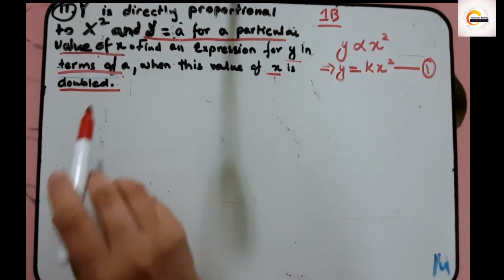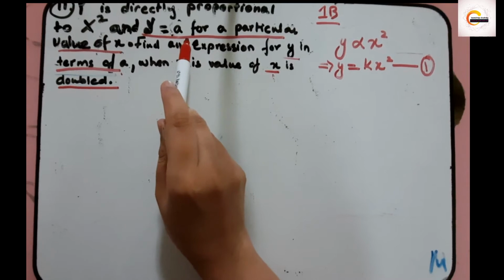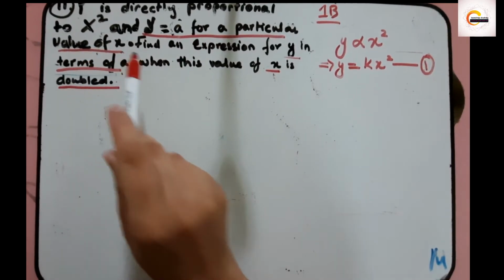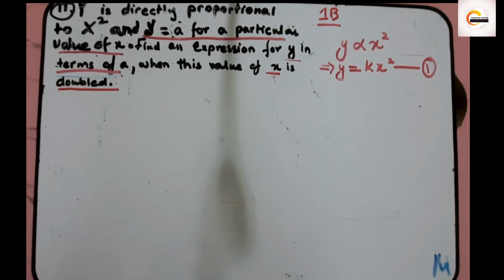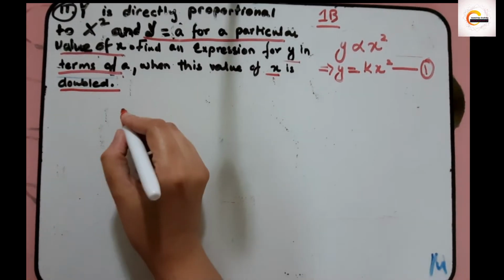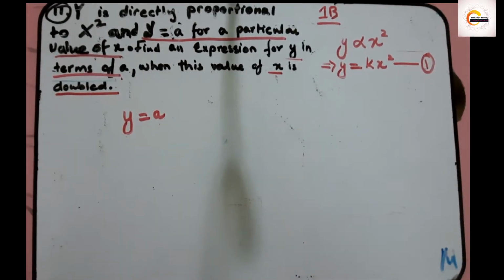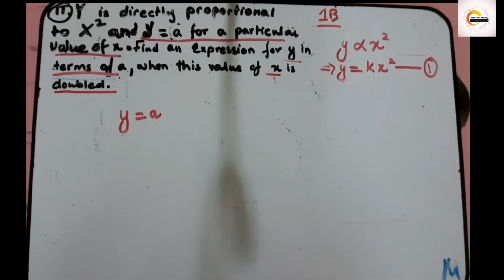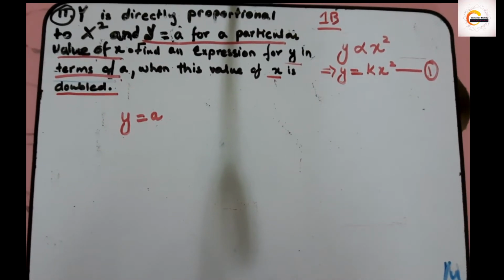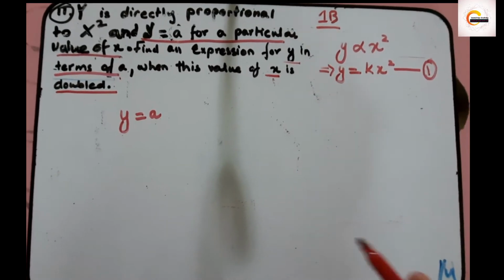Now, y is equal to a for a particular value of x, which means that the value of y is a when its independent variable, the variable on which y depends, is x.